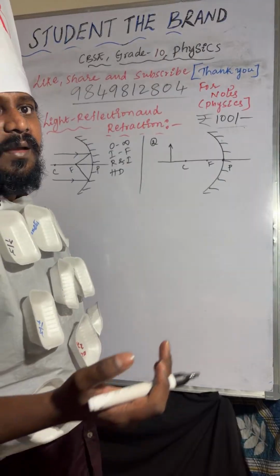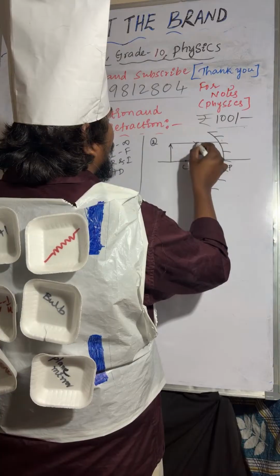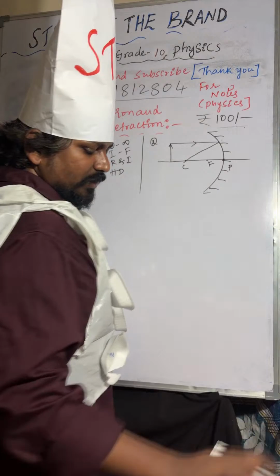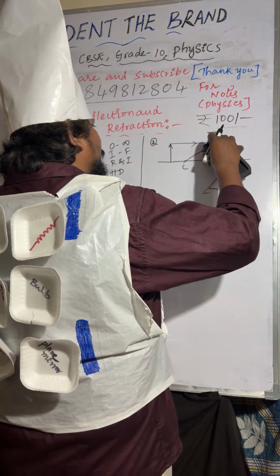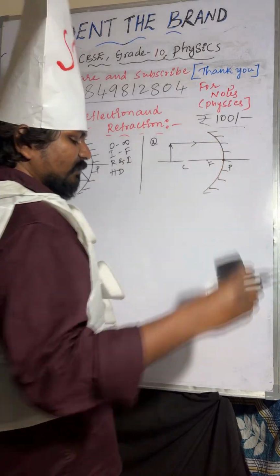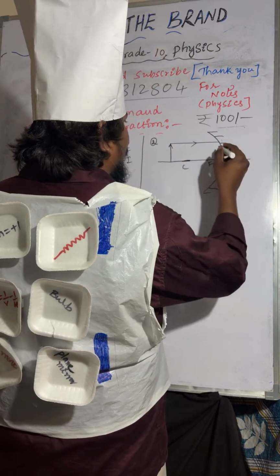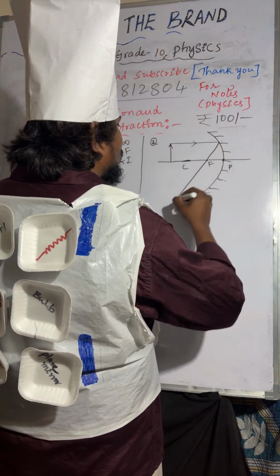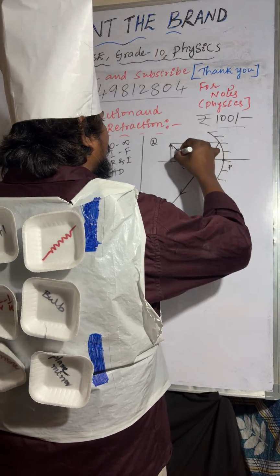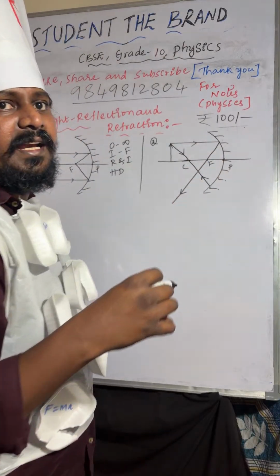One light ray I am taking like this, and it passes through focus. Another light ray is passing through center of curvature. So the image will form between C and F.